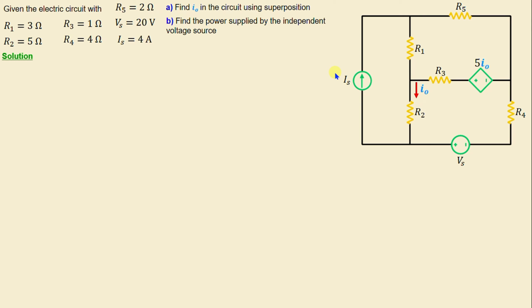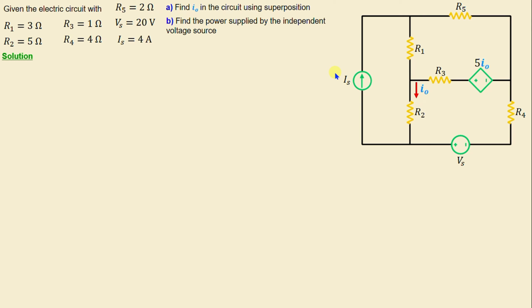Next, we proceed to deactivate all but one independent source in the circuit. This involves replacing the inactive voltage source with a short circuit, which means it's zero voltage, and a current source with an open circuit, which means it's zero current.